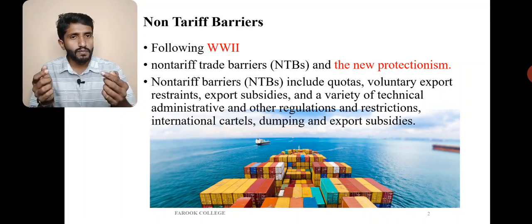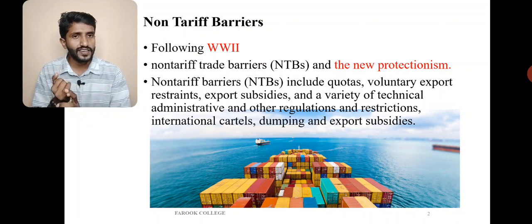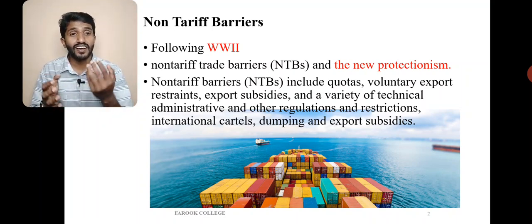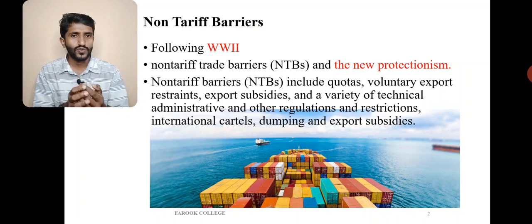When we are talking about the non-tariff barriers, it includes quotas, voluntary export restraints, export subsidies, and a variety of technical, administrative, and other restrictions and regulations, international cartels, dumping, and there are some other restrictions also like state trading and embargo.